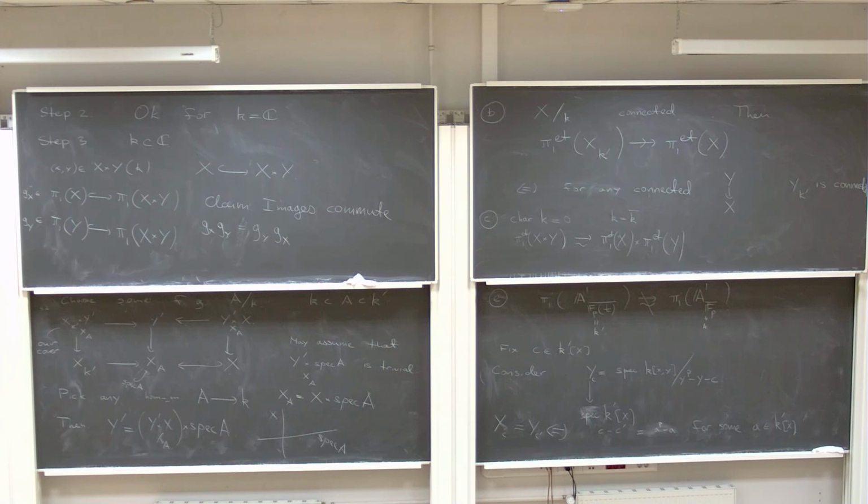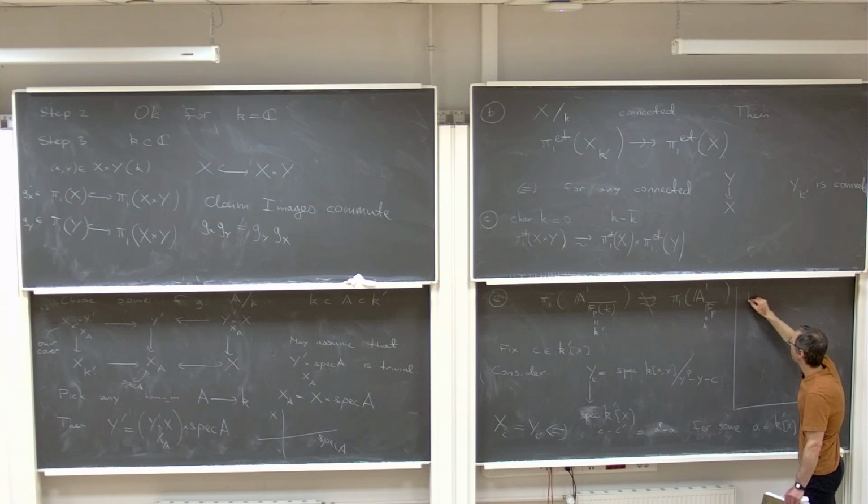In one direction it's easier: if you have this, then a simple change of variables shows that the two covers are isomorphic. In the other direction, it follows from the Artin-Schreier lemma, which is the following assertion.